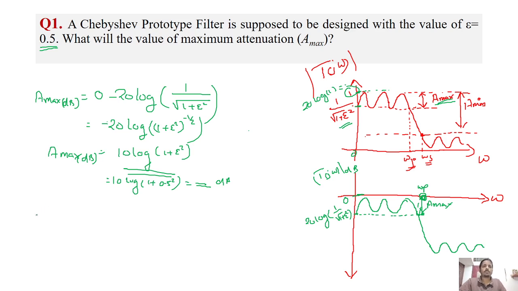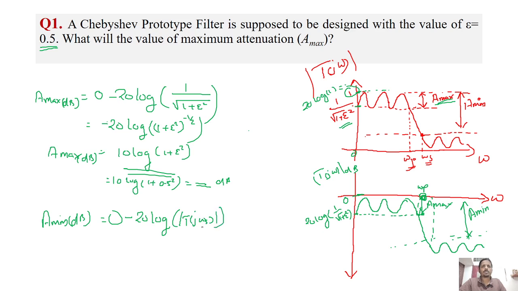That is at omega s. A min in dB is the minimum attenuation with respect to 0, so it is 0 minus 20 log of T at omega s.